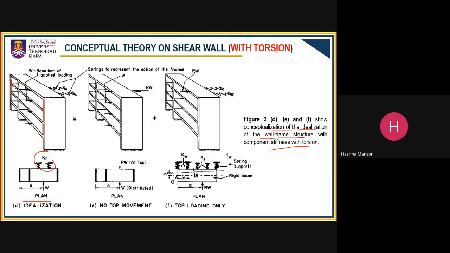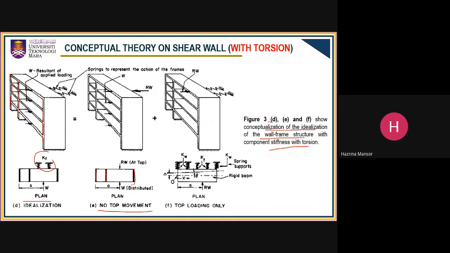So in analyzing this structure system, the first step is that we need to ensure there is no top movement in the plan view. In this particular case, you have only a wall structure system, with wall 1, wall 2, and wall 3.